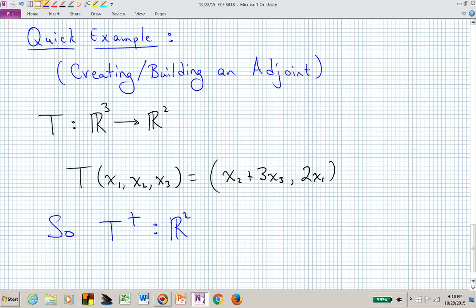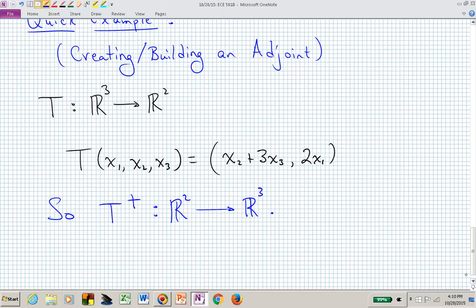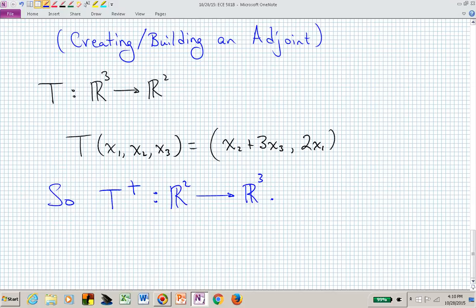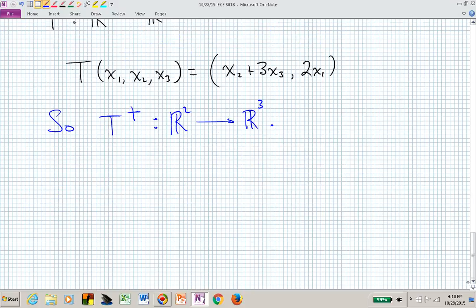Now we're going from a two-dimensional vector to a three-dimensional vector. And we want to find that mapping from 2 to 3 such that the inner product of TV, comma, W is equal to V, comma, T dagger W. We know how big T dagger is, or what it looks like in terms of a linear map. We now need to find that relationship.